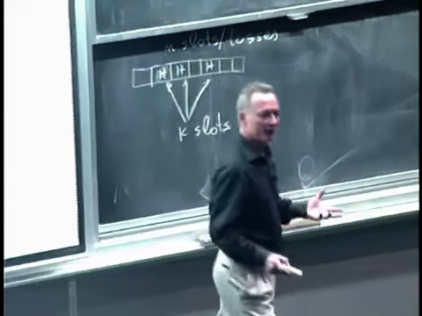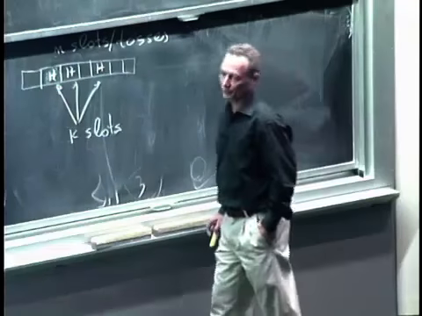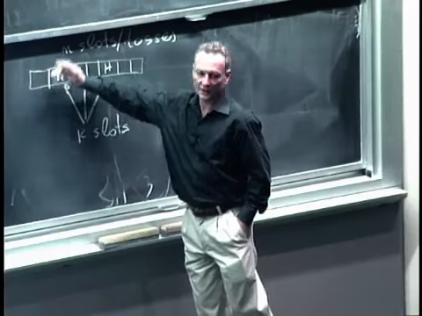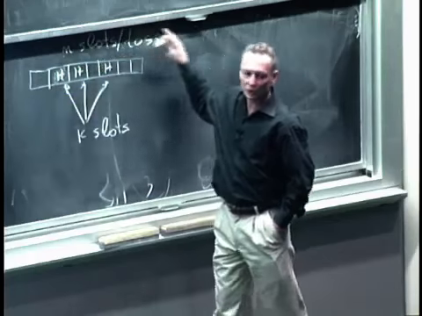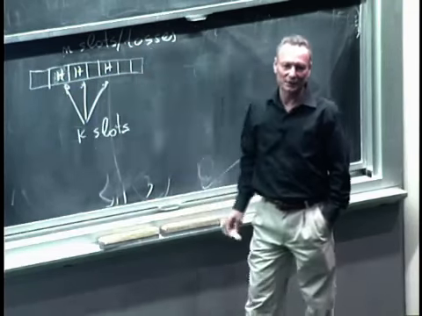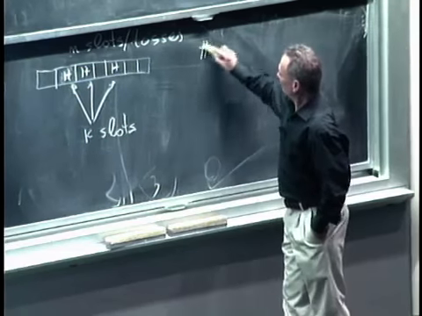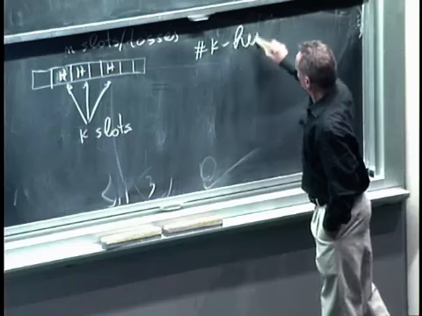In how many ways can I choose these k slots? Well, it's the question of starting with a set of n slots and choosing k slots out of the n available.